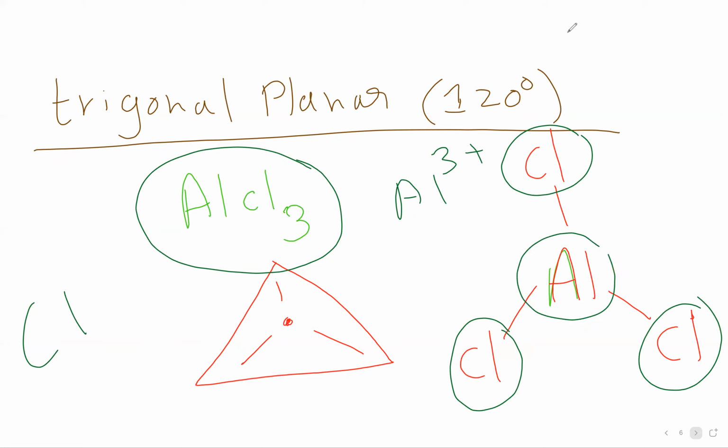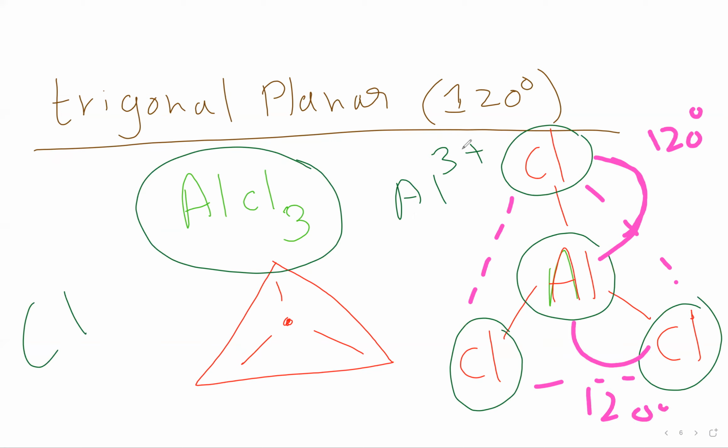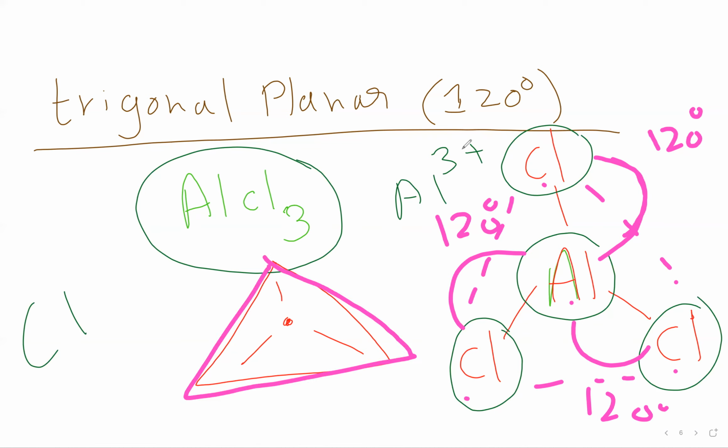If you look at the structure, the angle between this chlorine atom and the aluminum atom is 120 degrees. The same here, this chlorine atom and the aluminum is 120 degrees, and this chlorine atom and this aluminum atom is 120 degrees. So if you put each atom 120 degrees apart from aluminum, this forms a trigonal planar structure.